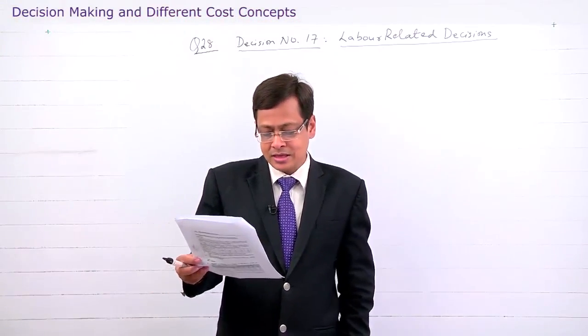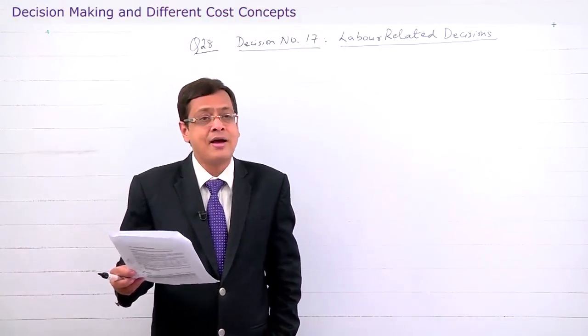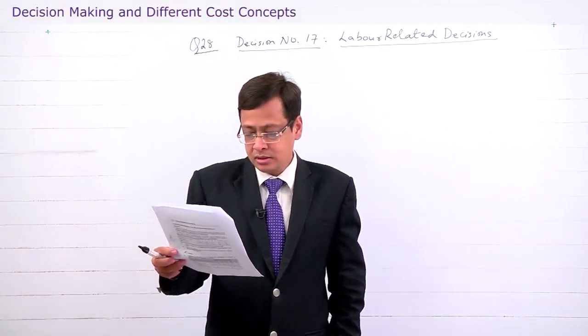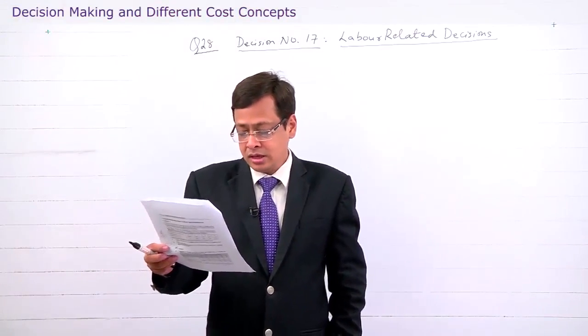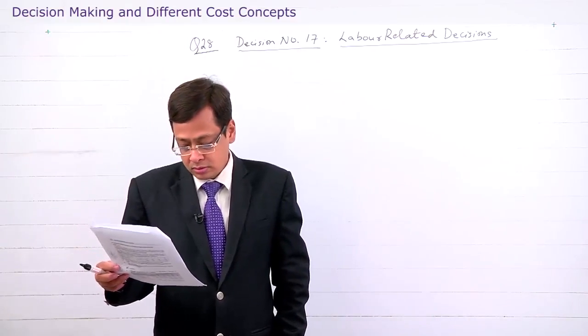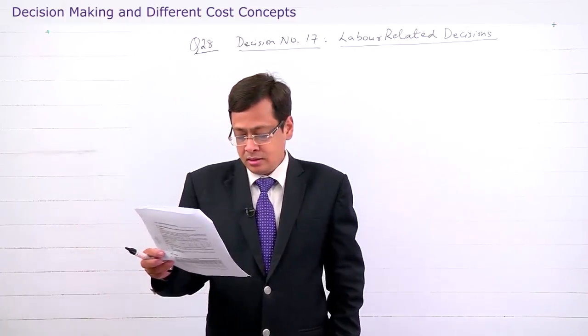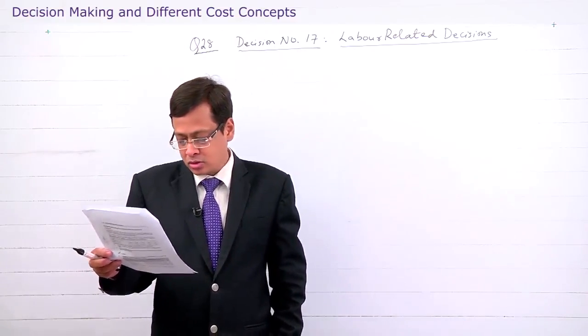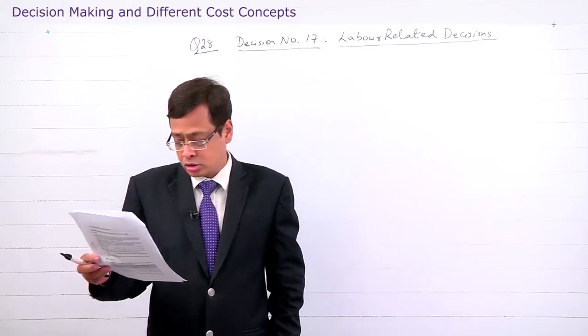It says that sales lost due to strike is 35,000 units, which creates a total revenue loss of a big amount. So this company has a department which produces only one product and keeps no stock.